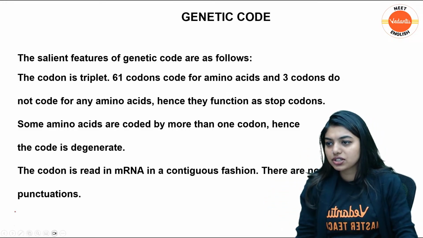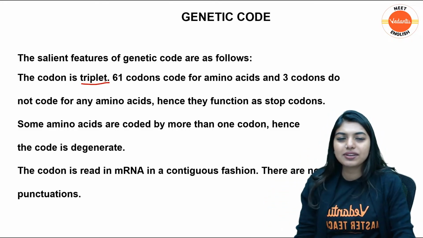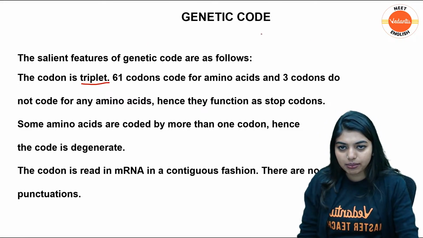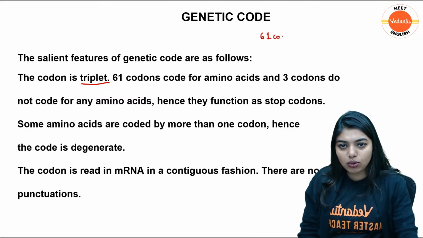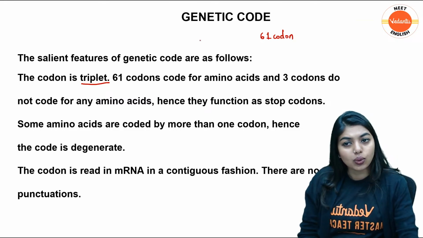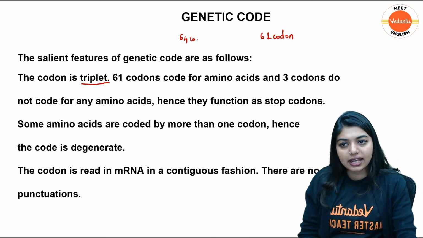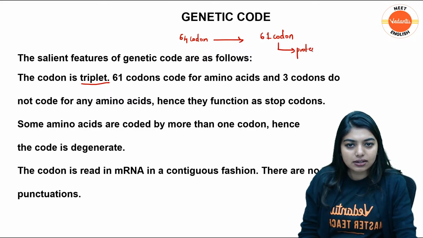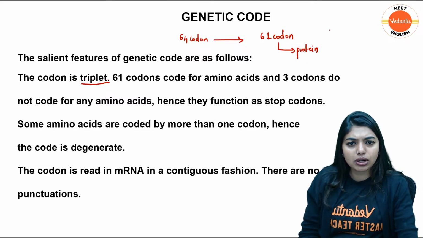So, what are the salient features of the genetic code? The codons are always triplet. 64 codons are there, out of which only 61 will code for proteins. Then what about the 3?